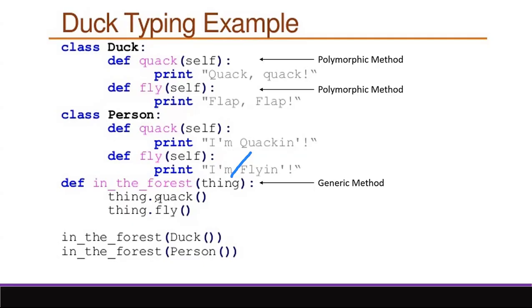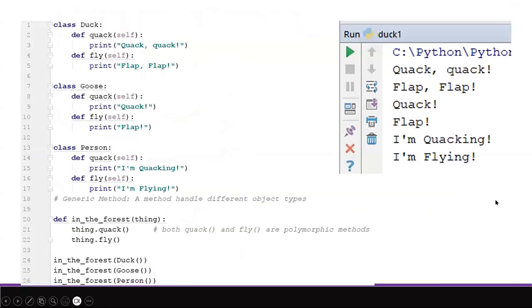As long as both quack and fly, this is a duck type. This person is also a duck type, because your duck and person quack and fly in the same way. So now you have duck, goose, and person. All of them can quack and fly.